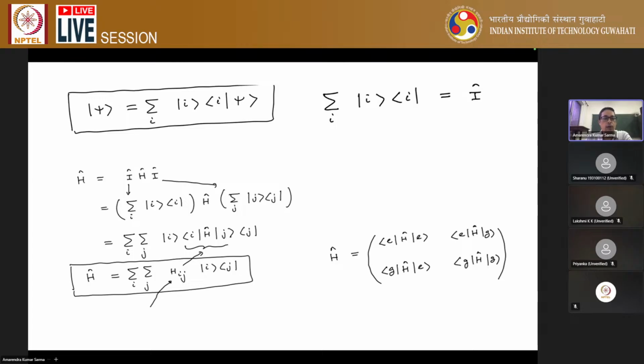This we have learned. And then some basic tools of quantum mechanics that we need in the course were also addressed in week 1. One of the main things that we learned in week 1 is how we can express the Hamiltonian in the matrix form using some basis state.